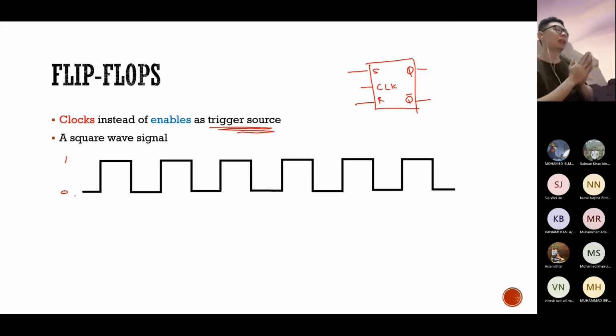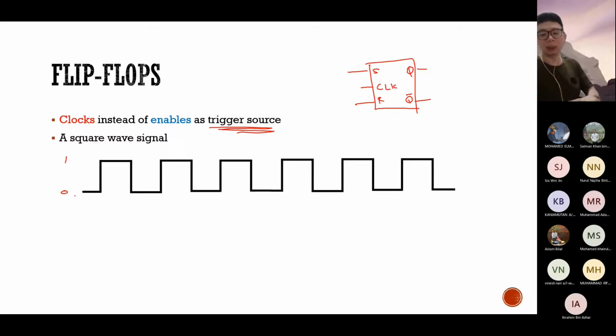Why do we call this a clock? Let me give you a simple analogy. A clock is used to synchronize all the circuits in a computer. Say I make an appointment with you: we have class at 8 a.m., let's join the Teams meeting room at 8 a.m. How do you know when it's time to join the meeting?